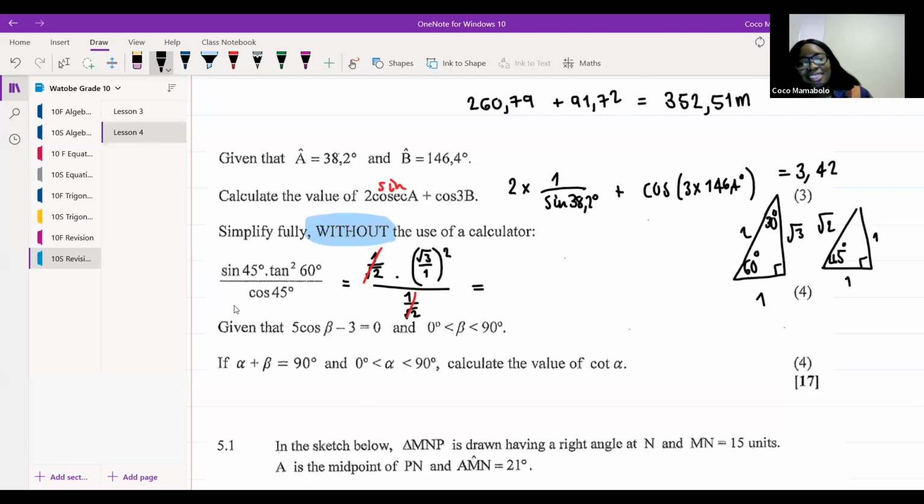If you write square root of 2 over 2 instead of 1 over square root of 2, they'll know you used the calculator, because the calculator gives you the square root of 2 over 2, and your special angles will give you 1 over square root of 2. Correct. The answer is going to be 3 over 1 plus 3.